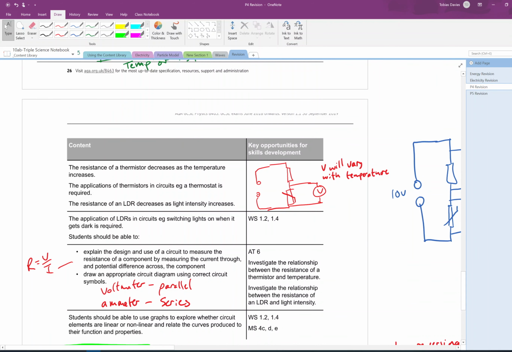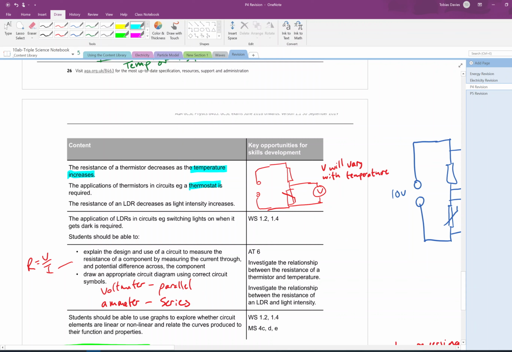And then those are described here in the specification. Okay, so the resistance of a thermistor decreases as the temperature increases. And you might use that for a thermostat at home for controlling your heating.